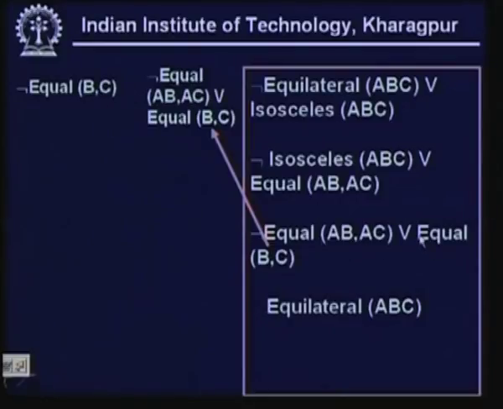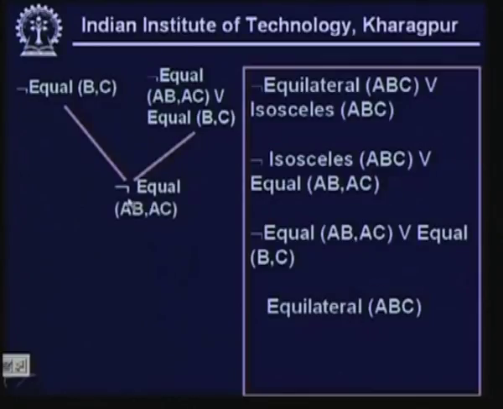Why did I select this clause? Because this had the negation of some part of the clause that I am going to disprove. So, when I select these two clauses, I resolve them, and when I resolve them, what I get is these two will resolve out, and the resolvent will be not equal ABAC, right.